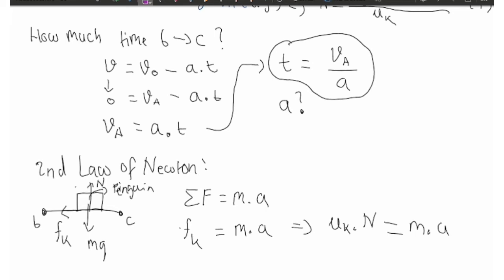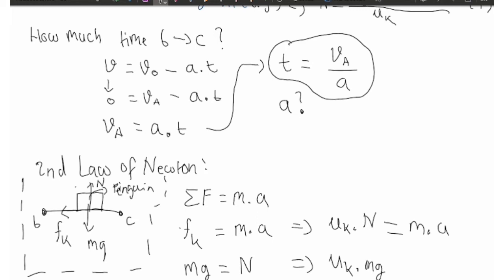And we know, based on this picture, that mg equals the normal force. So we can write this equation as mu k times normal, oh I'm sorry, not normal force again. We can change the normal force to mg. Mu k times mg equals m times a.